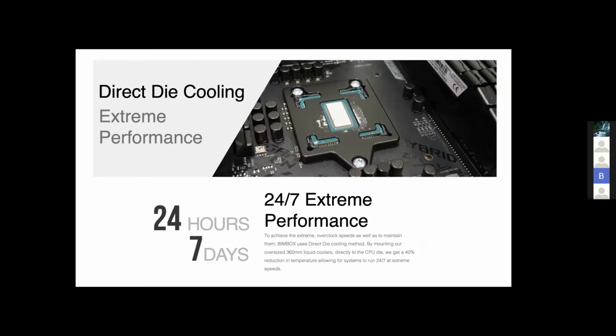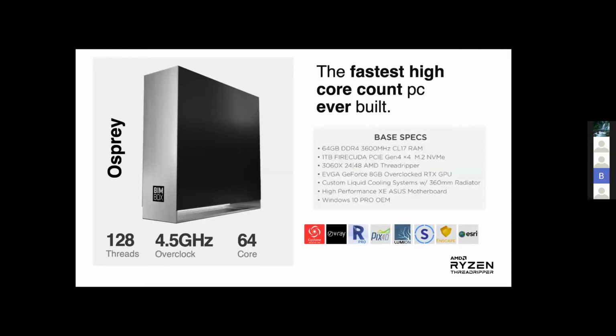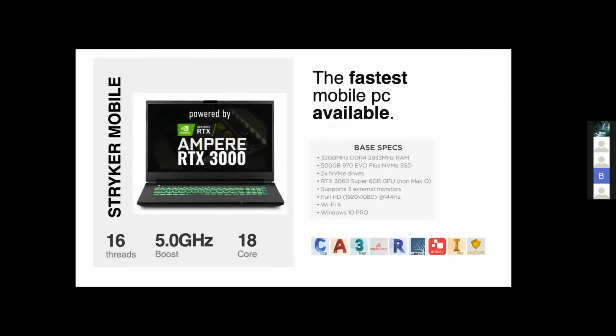So our processor can run beyond the boost temperature, beyond the boost speed all day long, which brings massive efficiencies to the workflow. This is our Osprey. If you use V-Ray or any post-process rendering, this is going to be the system for you. Up to 64 cores. If you're using post-process rendering, this is the system that you would be running.